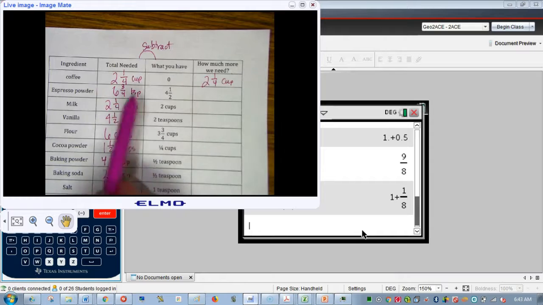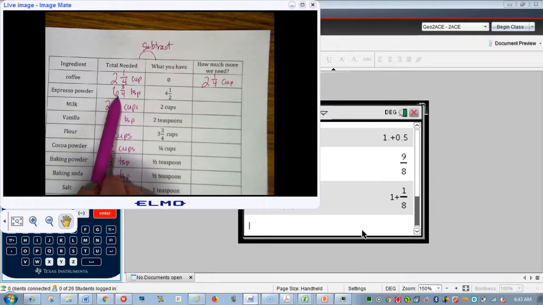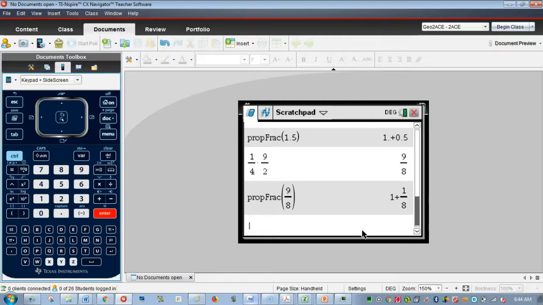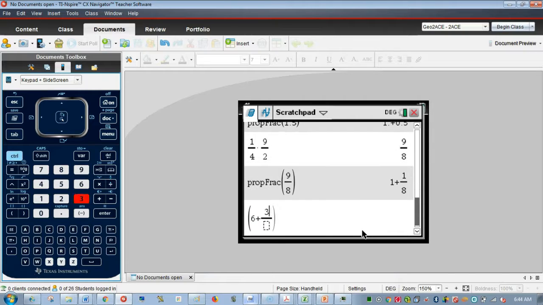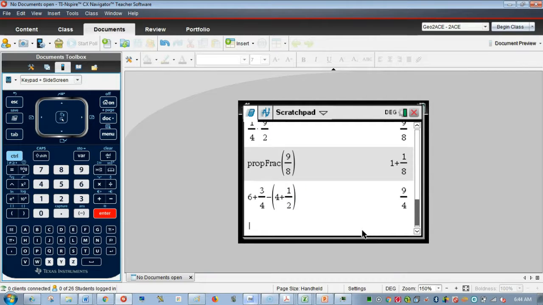All right? I need 6 3/4, but I only have 4½. So here's what I'm going to do. 6 3/4. Get out. Minus the 4½ that's already in my cupboard. 9/4.